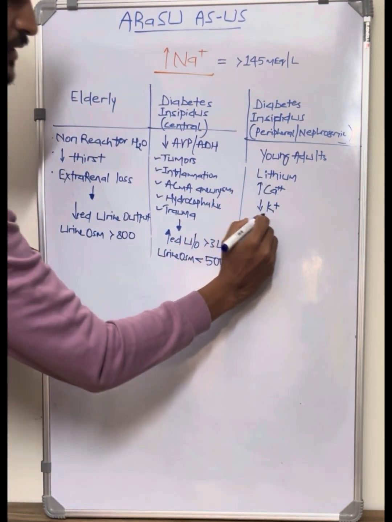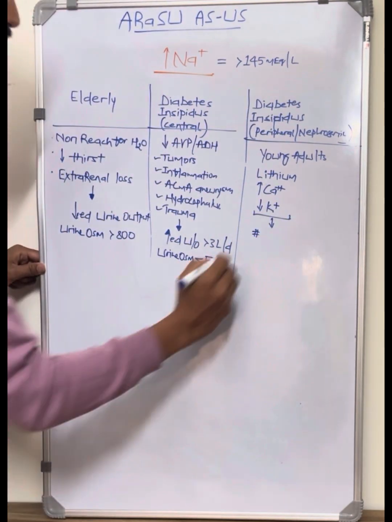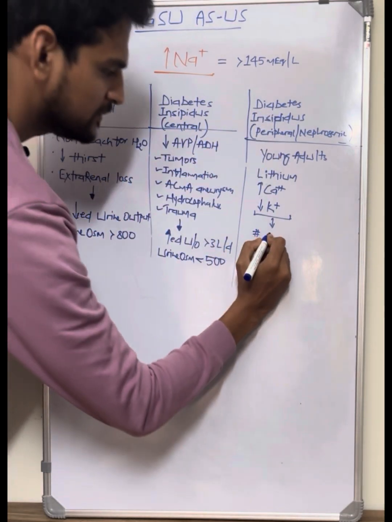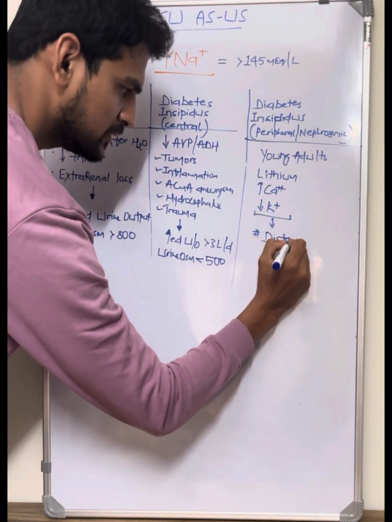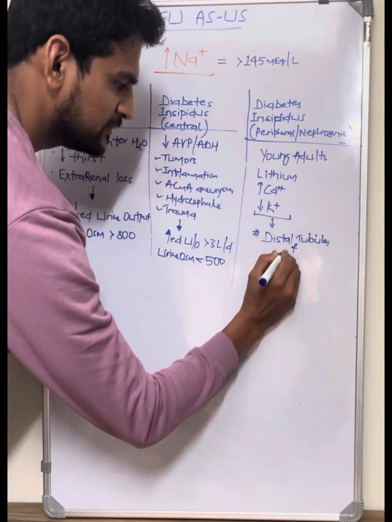So these are a few things which will damage the sites where antidiuretic hormone acts, that is the distal tubules and collecting ducts.